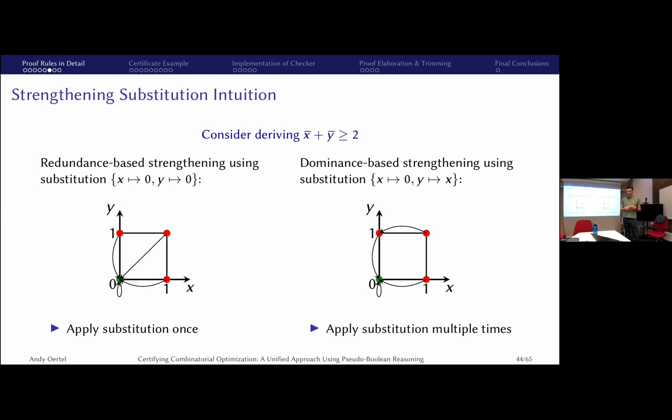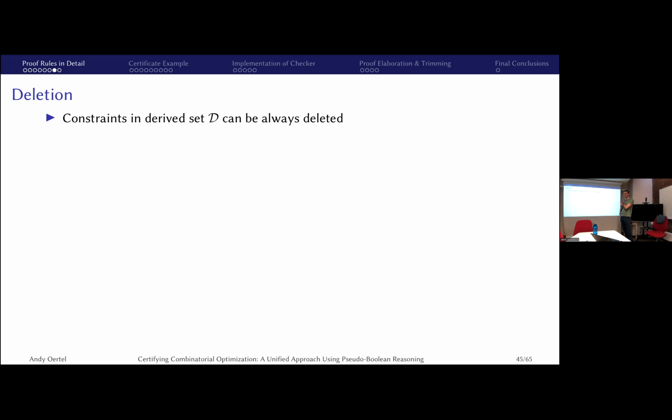So that's the strengthening rules. And then for deletion, we've seen that we can always delete the constraint from the derived set. For deleting a constraint from the core set, there are actually 2 deletions. I only mentioned one before.